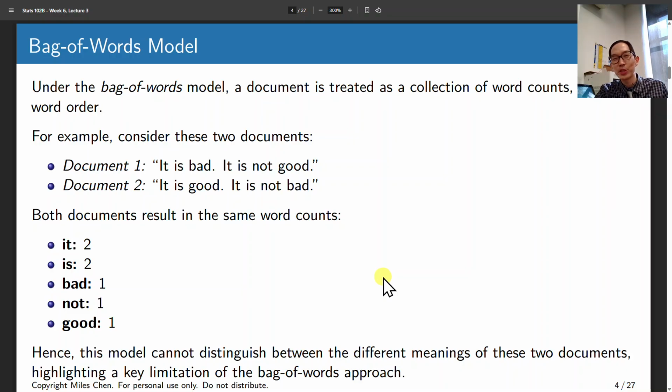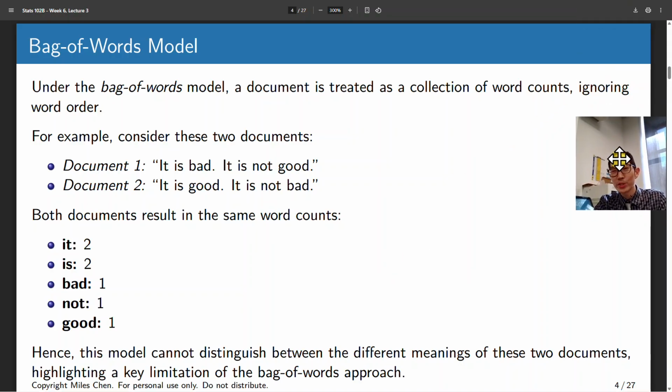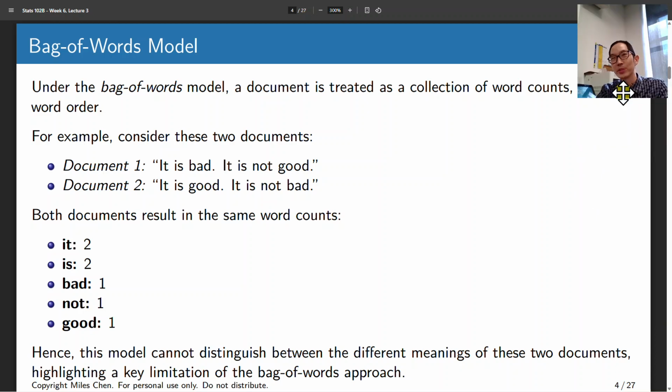Basically, we just treat a document as a collection of words, ignoring word order. Imagine a cartoon where somebody has a piece of paper, and they shake the paper and the words just fall down.